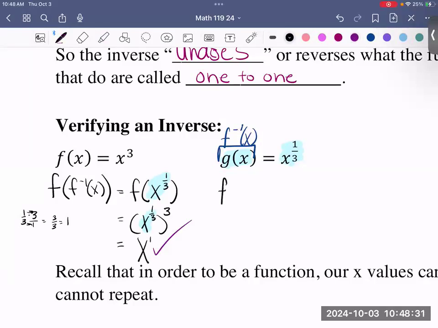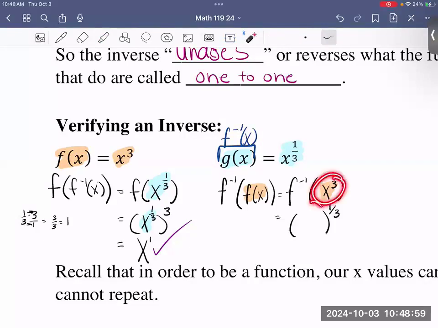This time, we're going to put f on the inside of your function, so f inverse of x cubed. We're going to put it on the inside here, again leaving space for where your x used to be to the 1/3, and then placing the x to the third in, that being your original.